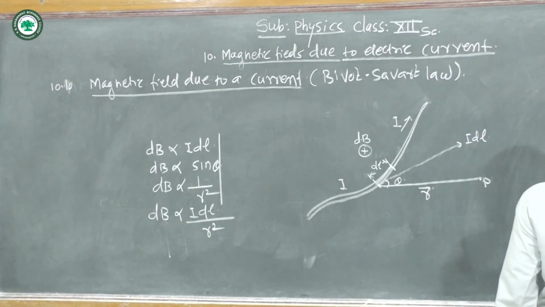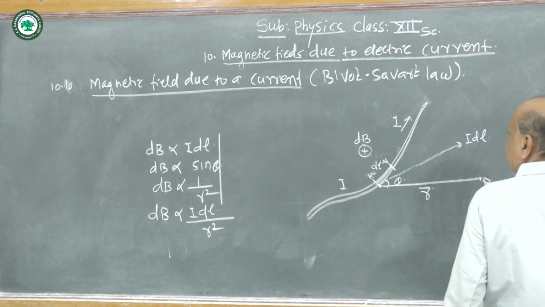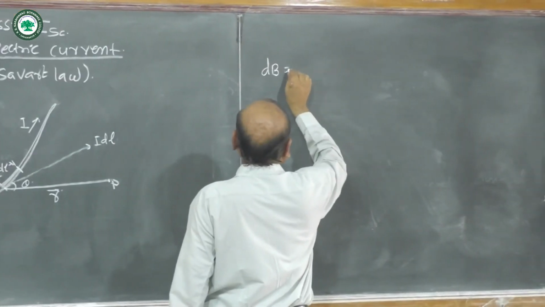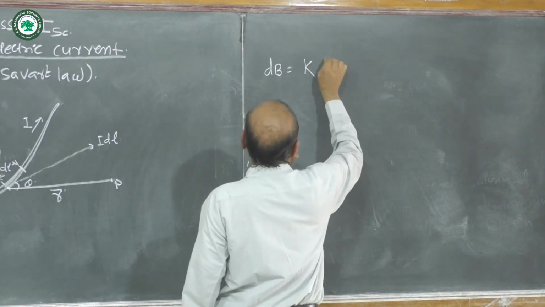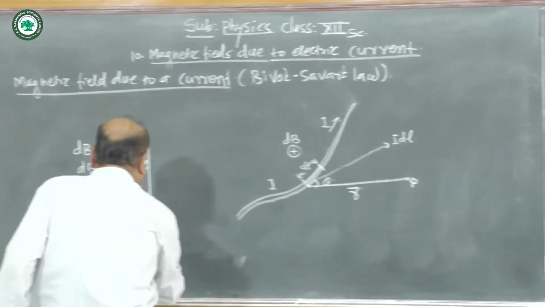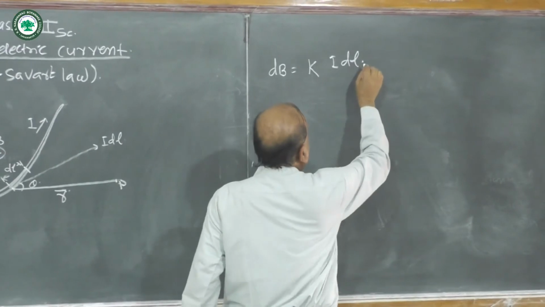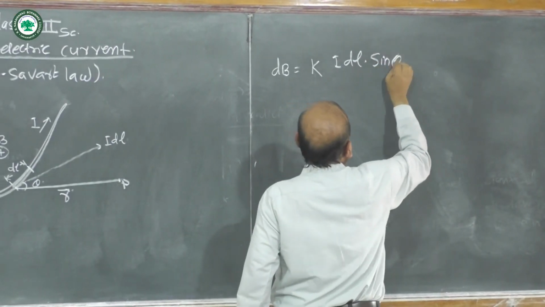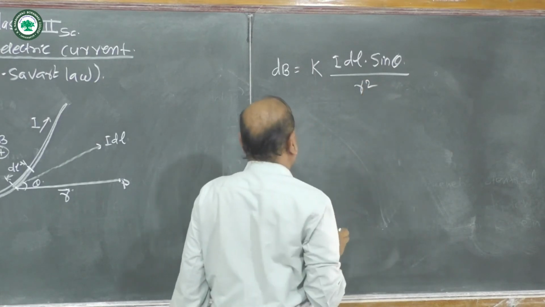Now we can write that the small magnetic field produced by the current element is equal to, taking some constant k, I dl sin theta divided by r square.